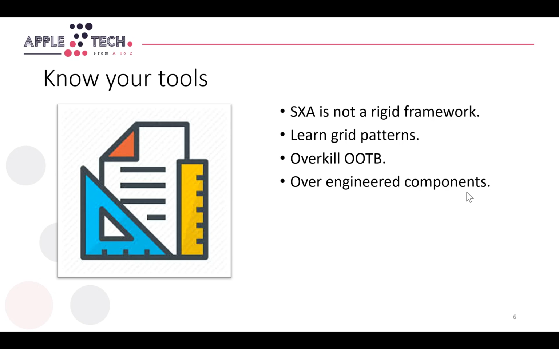So, things to always keep in mind is do not overkill your out of the box components. And I've seen this in scenarios where the understanding was, okay, using SXA, you are not allowed to write your own code, you're not allowed to write your own components.